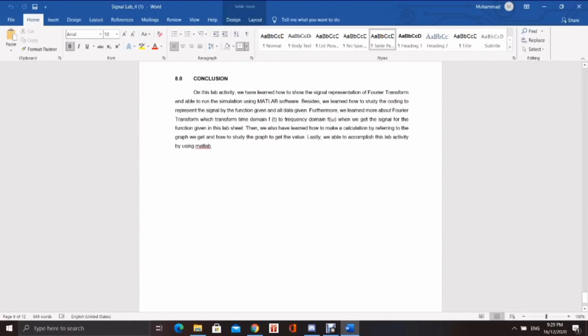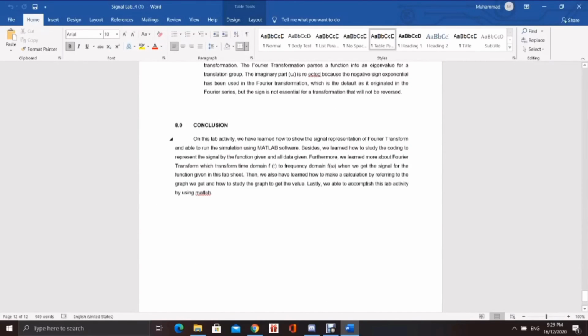In conclusion, in this lab activity, we have learned how to show the signal representation of the Fourier transform and to run the simulation using MATLAB software. Besides, we learned how to study the coding to represent the signal by the function given.